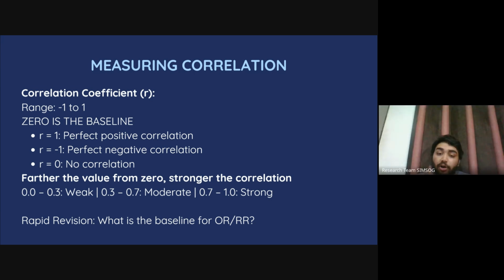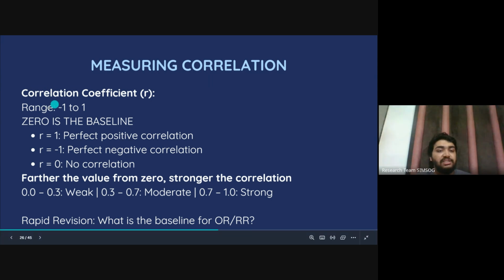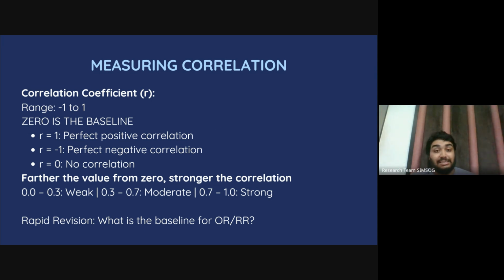Exactly. For odds ratio and relative risk, it is 1, whereas for correlation coefficient, it is 0. That's why you have negative and positive values here. There you have values less than 1 or more than 1, and that's when you tell whether something is increasing or decreasing the risk.